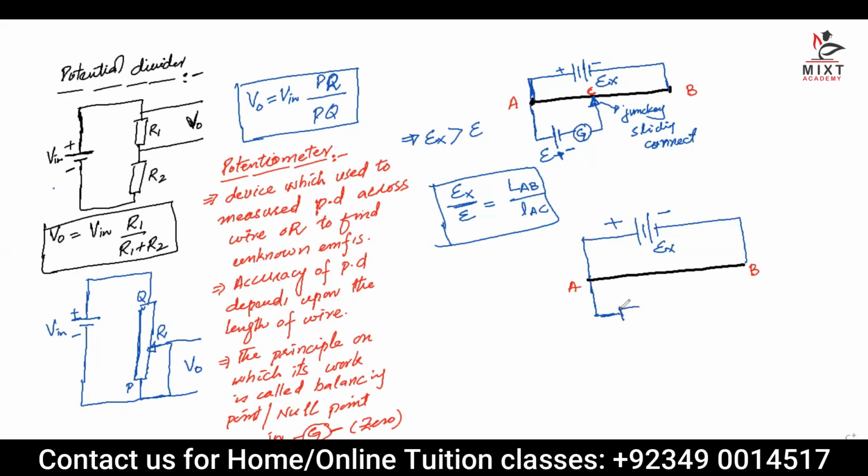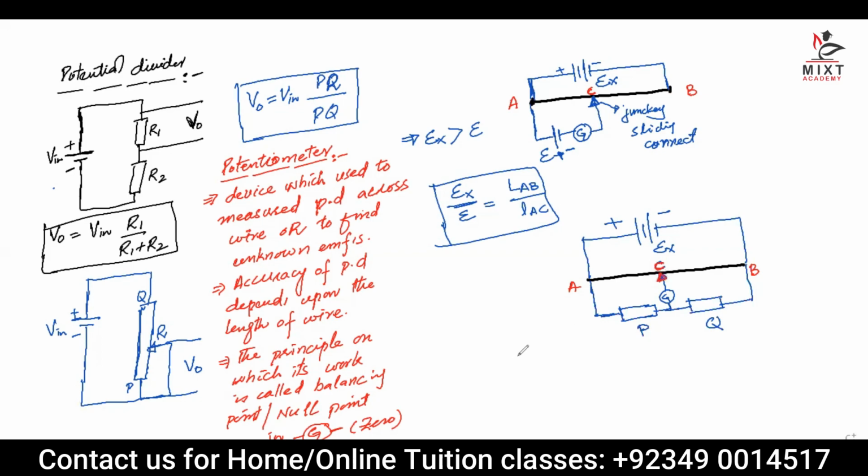Two resistances will be there, for example resistance P and resistance Q. The galvanometer will be connected in the middle and then connected with the jockey on the wire.